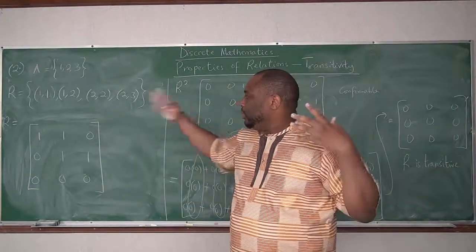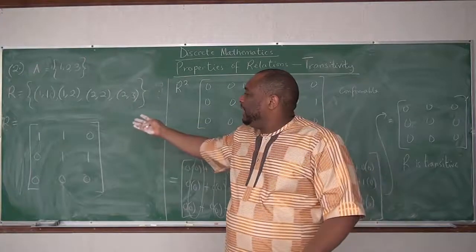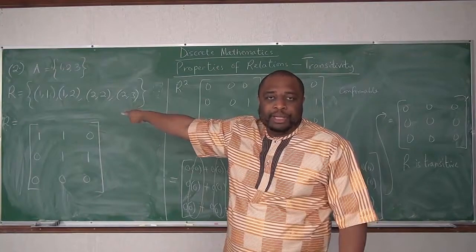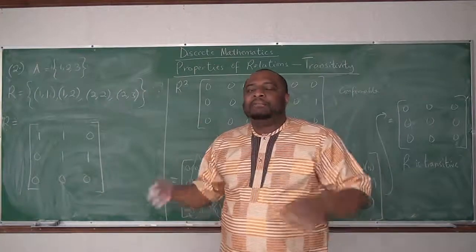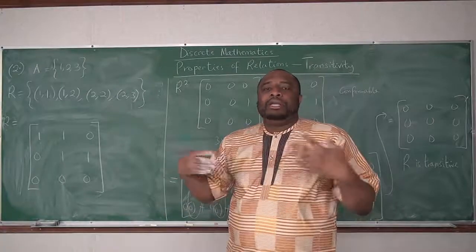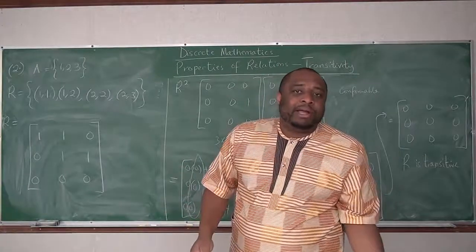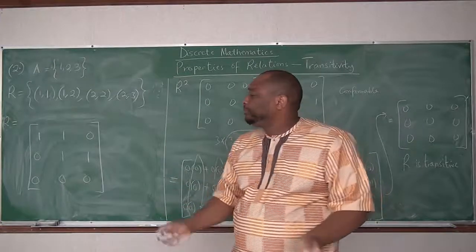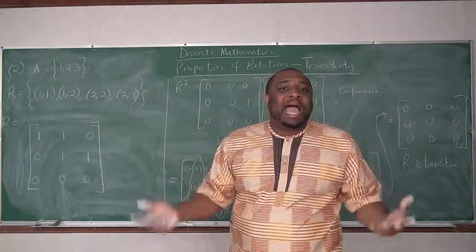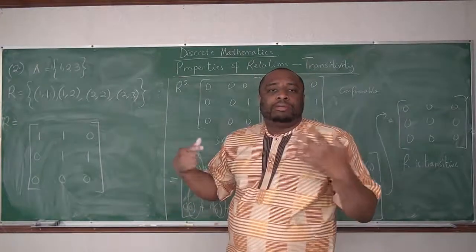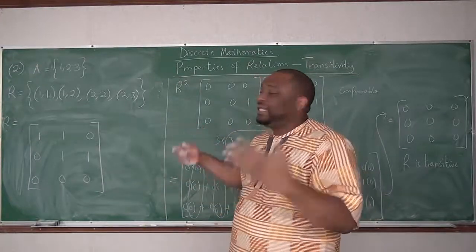If they give it to you in sets, you can change it to matrix and do it. Or if they give it to you in matrix, you can change it to digraph and do it. We shall come to digraph later on. Or if they give it to you as a digraph, you can convert it to matrix or to sets and do it.